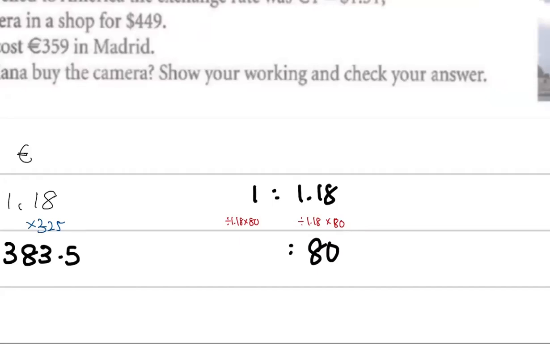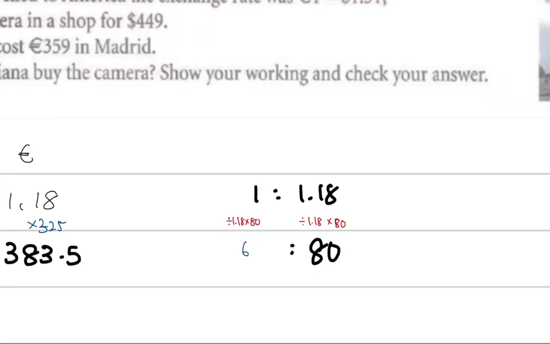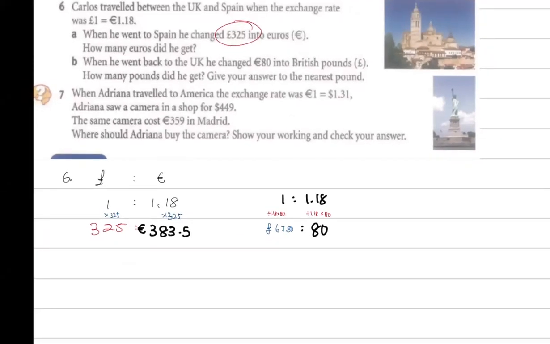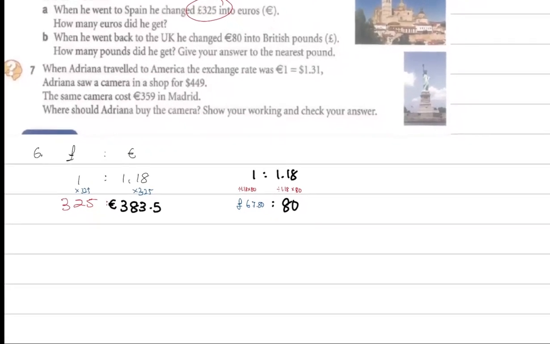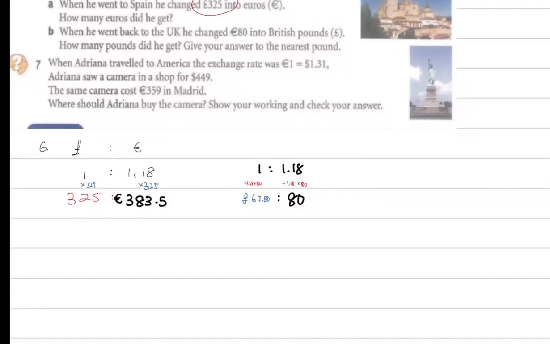So we're going to get 67.7966. So if you round it, you get 67.80. Okay, next, give your answer to the nearest pound. Nearest pound would be 68.